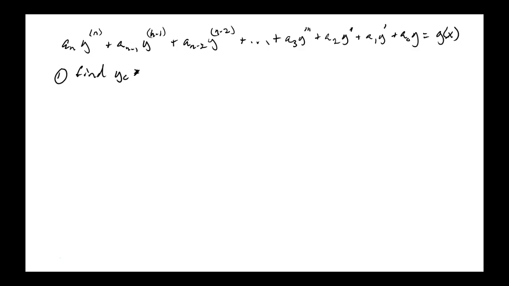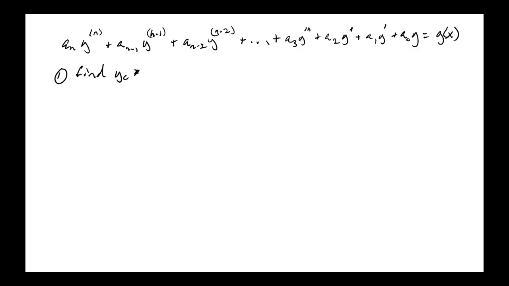Go to town with that. See if you can find your auxiliary equation. Once you find your auxiliary equation, find the solutions for m. Use all the tools in your belt to find those solutions. Then plug them into your general solution. Now, it's no longer called a general solution, it's called a complementary solution, y sub c, because you still have to deal with the g of x. So the first part is find the complementary solution, y sub c.